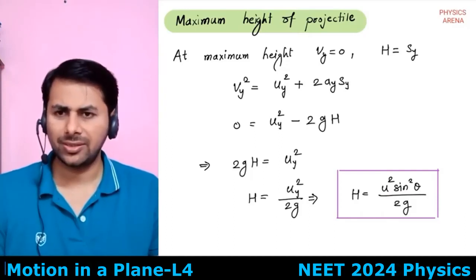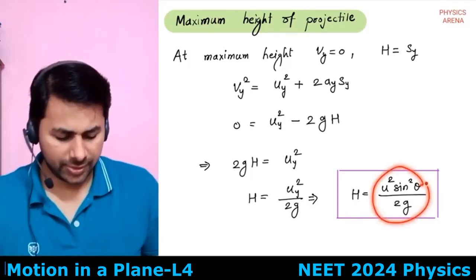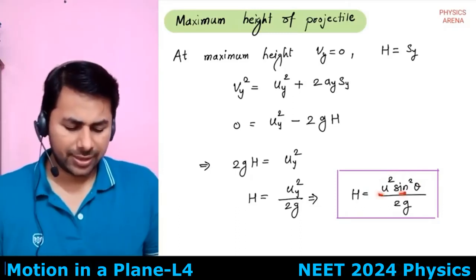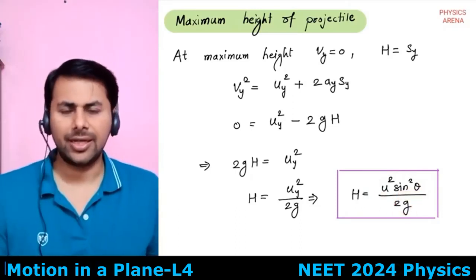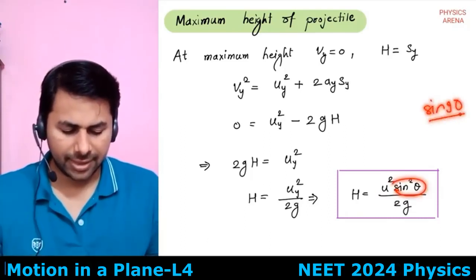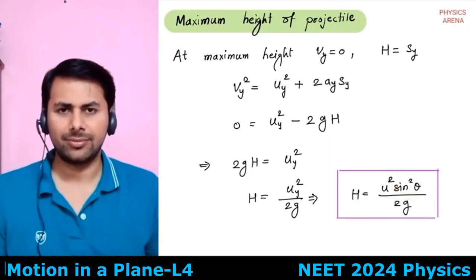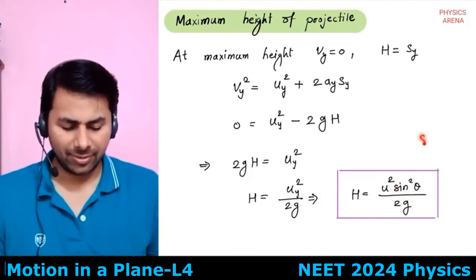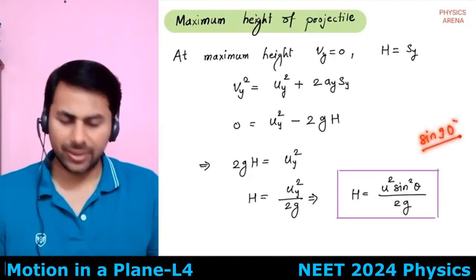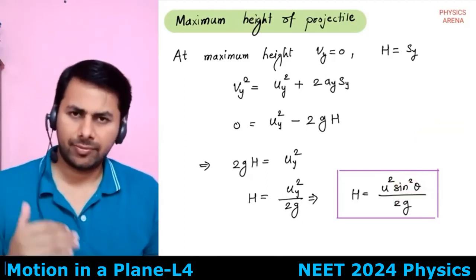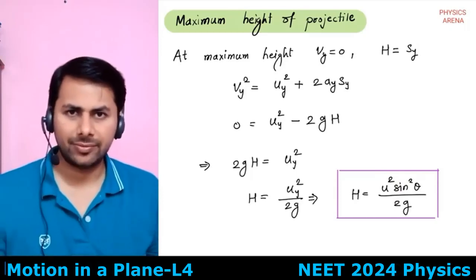Will it be 45 degrees? Think about this function. You have u square sine square theta. Yeah, it's 90 degrees, because sine of 90 is 1, which is the maximum value of sine. So sine square theta at most will be equal to 1.